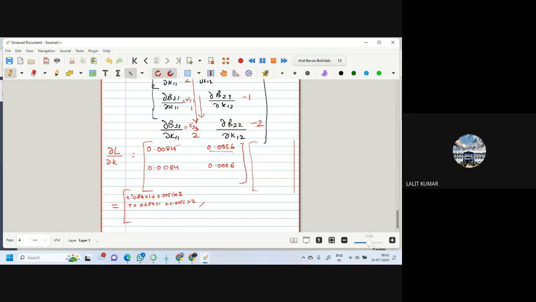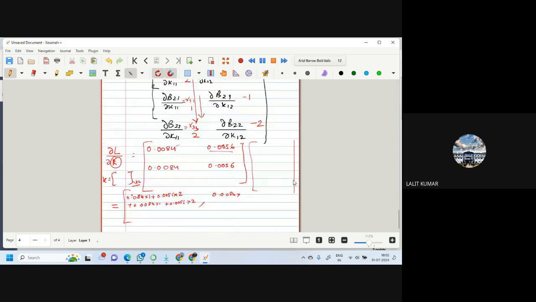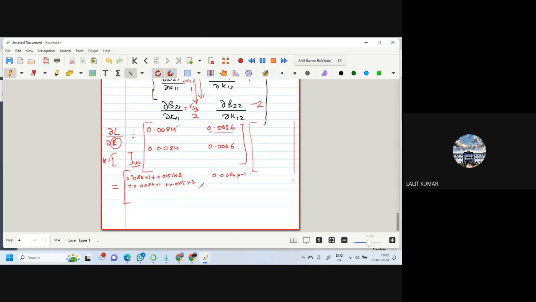The second element: you know that the dimension of this del L by del K is the same as K, and K's dimension is 1 into 2. The second element will be 0.084 into minus 1, plus 0.056 into minus 2, plus 0.084 into minus 1, plus 0.056 into minus 2.